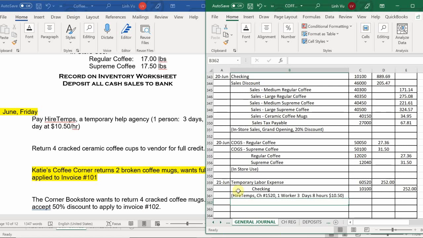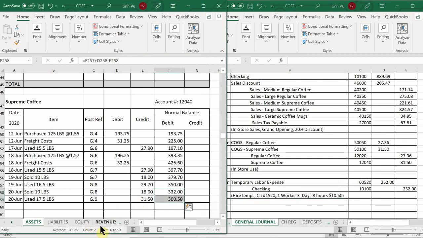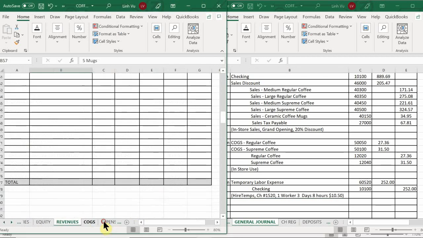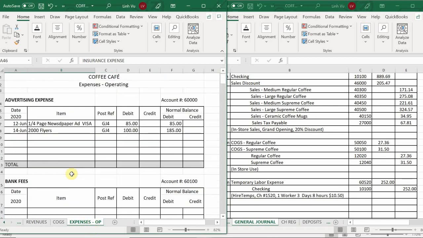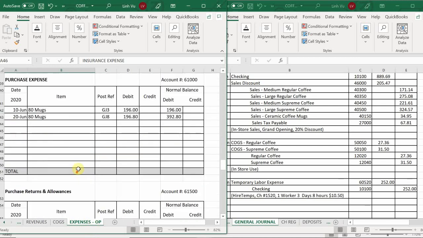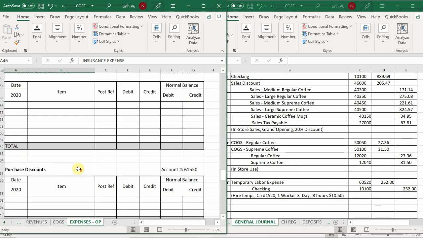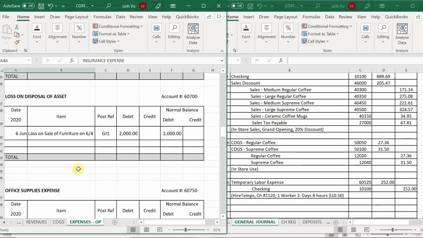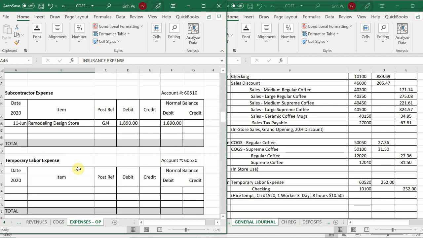And then we're going to the ledger. There you go. Temporary labor expense.